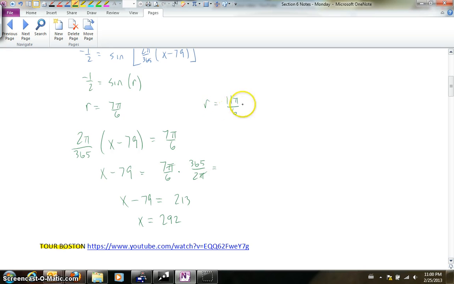Let's see if this answer yields anything for us. So same thing, let's replace the r with 2 pi over 365 times x minus 79, 7 pi over 6. I'm sorry, this time it's 11 pi over 6. And so we're going to do the same thing, multiply by the reciprocal. So we've got 11 pi over 6 times 365 over 2 pi.